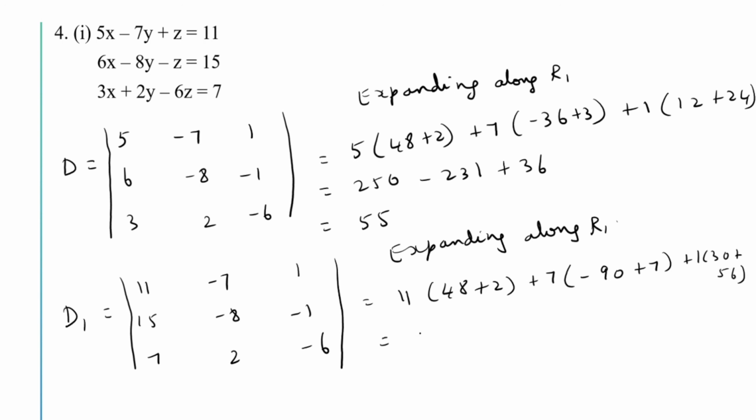So this is equal to 11 into 50, 550 minus 7 into 83, 581 plus 86. So this is again equal to 55.